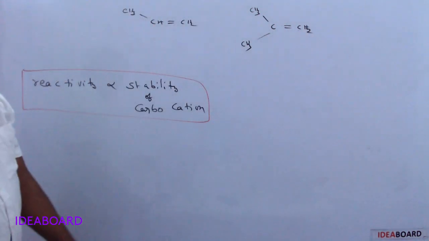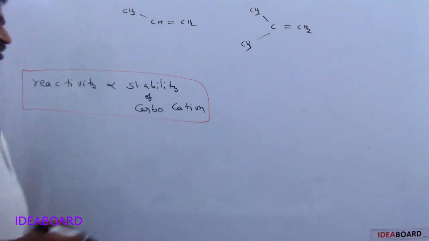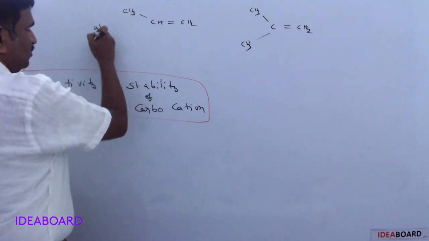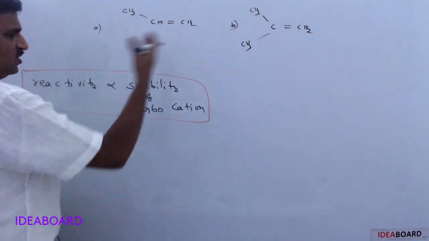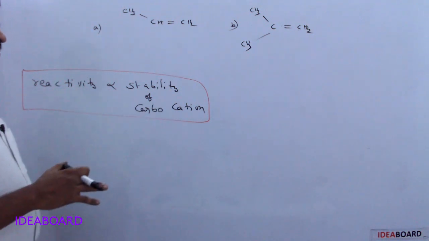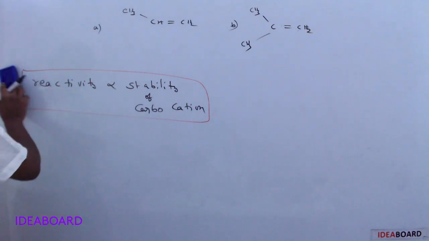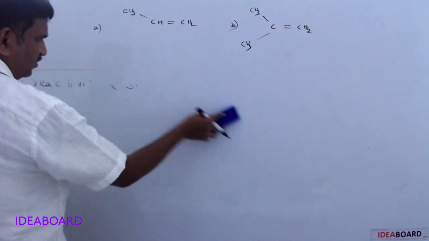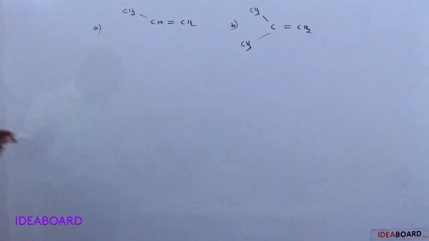In these two compounds, which undergoes reaction more readily towards acid catalyzed hydration? Suppose this is A and this is B. It depends first upon the carbocation formed by these two compounds. Which forms a more stable carbocation is more reactive.